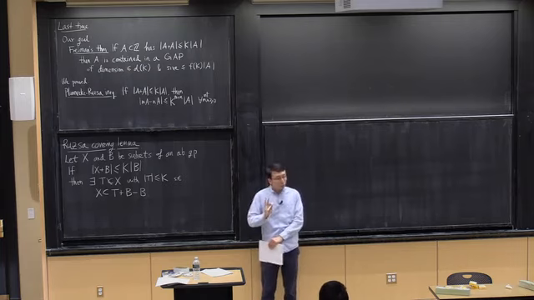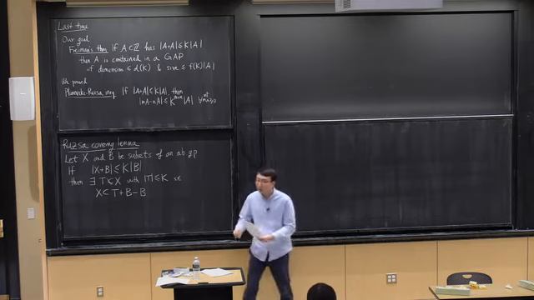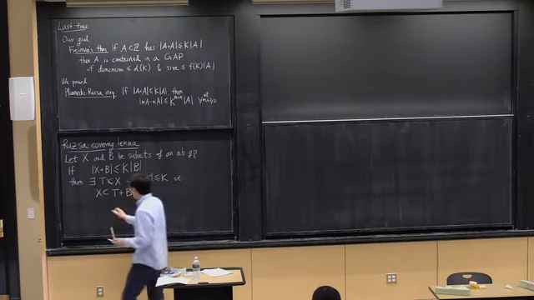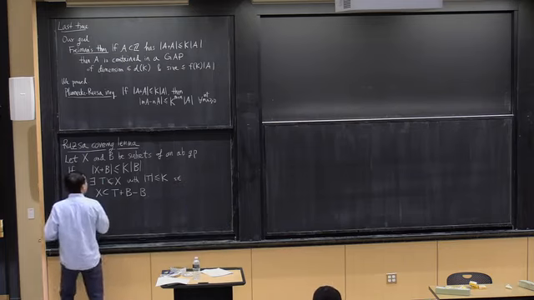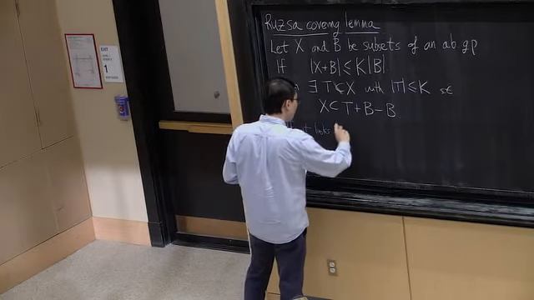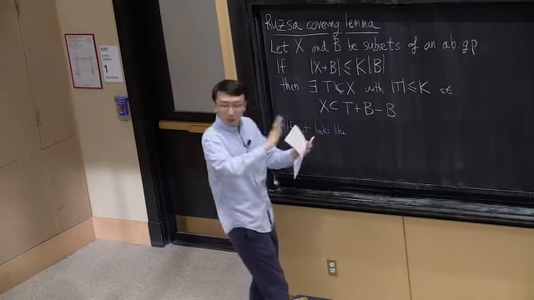Let me try to explain what it is about. You should think of B as a ball, like a ball in a metric space.